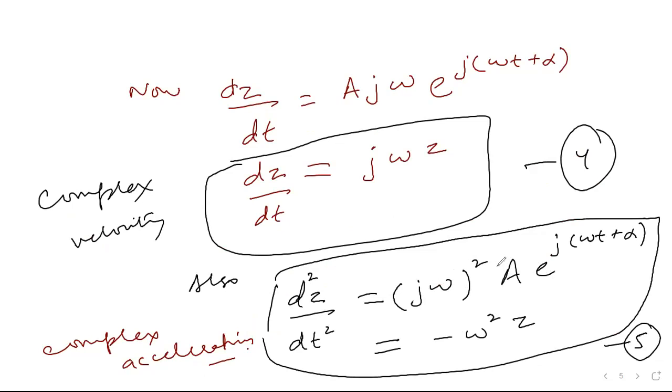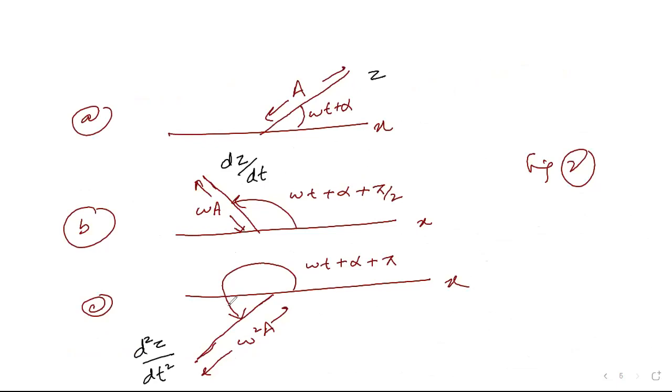Another j will rotate it by a further 90 degrees or pi by 2 radians. That's why in this figure, the vector representing complex acceleration is rotated with respect to complex position by pi radians, that is 180 degrees, 2 pi by 2 rotations in the counterclockwise sense, right?